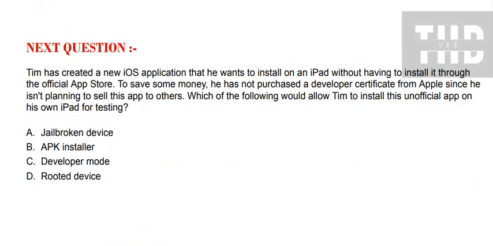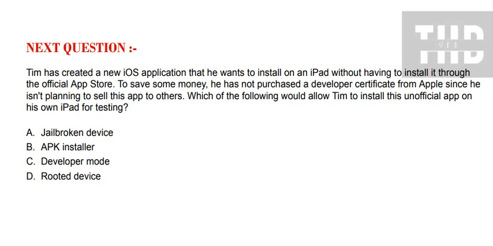Next question is, Tim has created a new iOS application that he wants to install on an iPad without having to install it through the official App Store to save some money. He has not purchased a developer certificate from Apple since he isn't planning to sell this app to others.